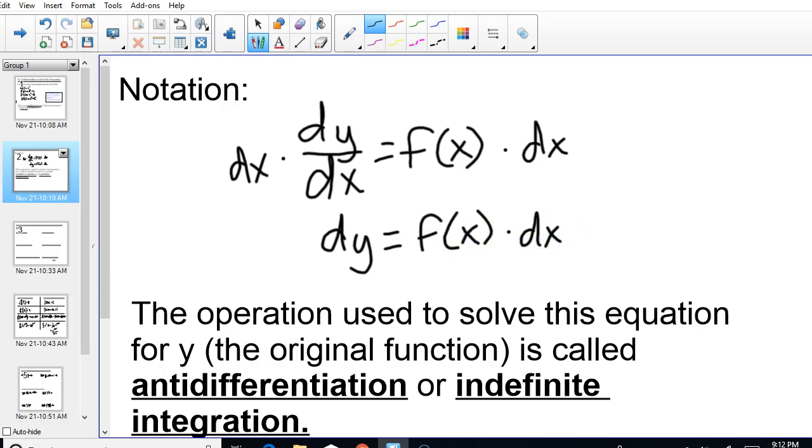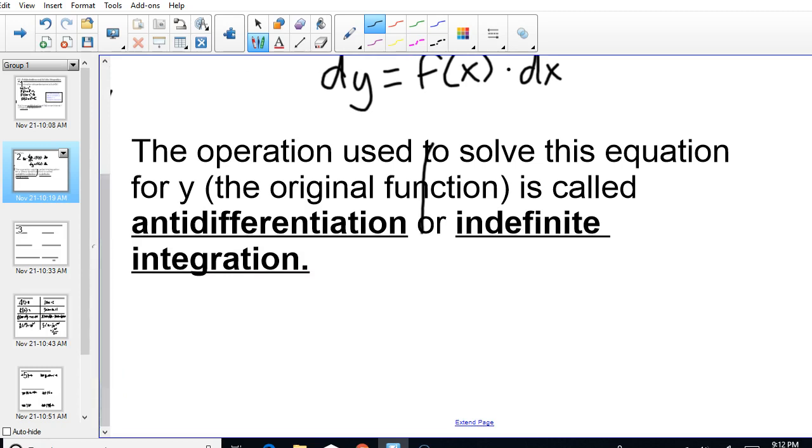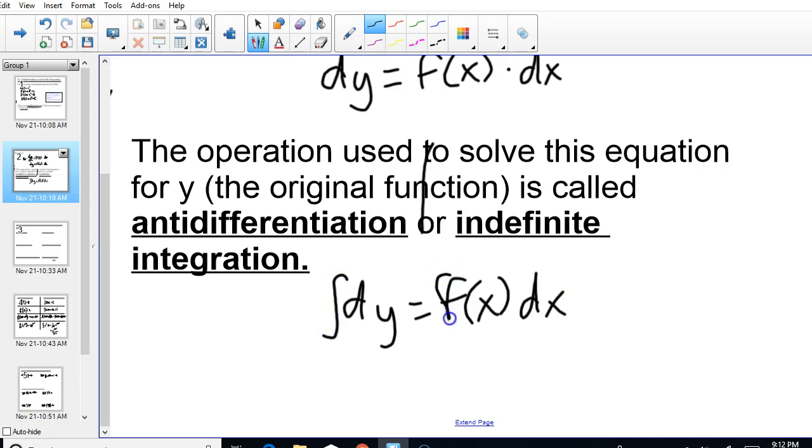Then we would have to do something to get rid of that d with the y. The operation that we are going to use to undo that derivative of y is called antidifferentiation or indefinite integration. So we'll take dy equals f of x dx, and we will integrate both sides. This is my favorite symbol in all of calculus. I think it's so pretty. It kind of looks like a tall, skinny S. That's our integration symbol.